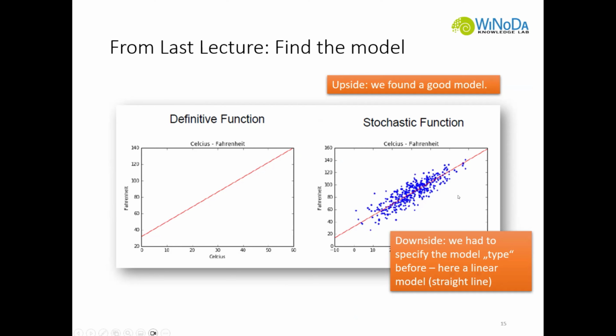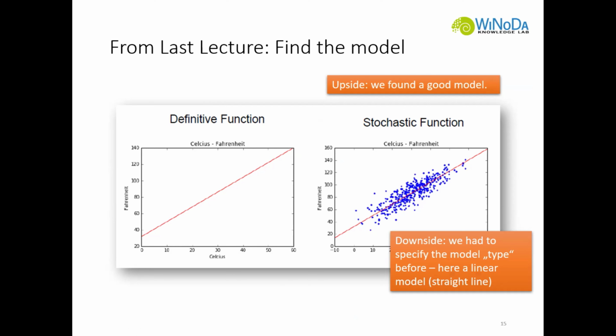And in visual terms, we have our blue dots here, and we were looking for a straight line that represents these blue dots as well as possible, as in most of the blue dots should be close to this red line, right? So of course you can also draw different lines, but this is the best one in terms of being closest to all these blue dots.